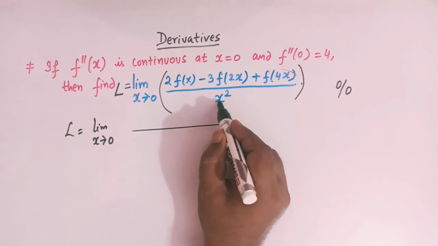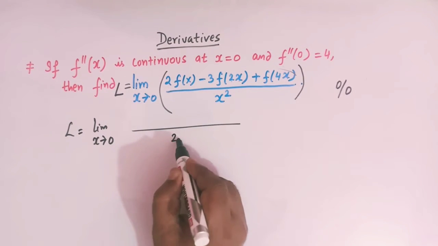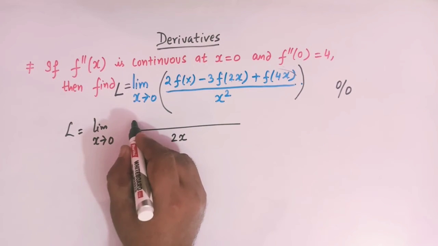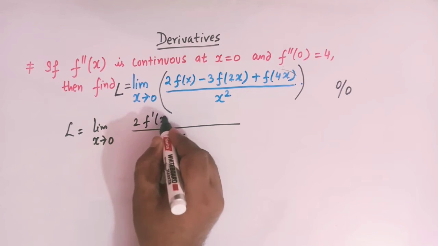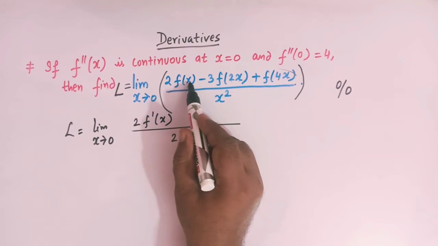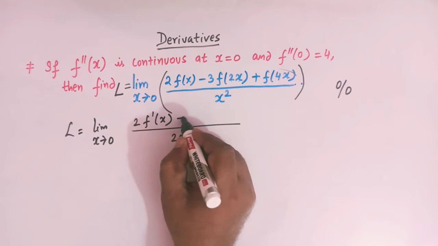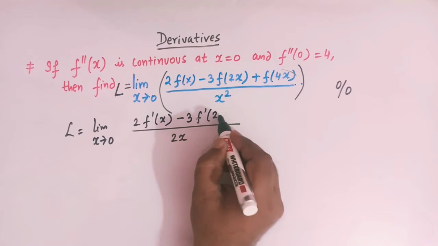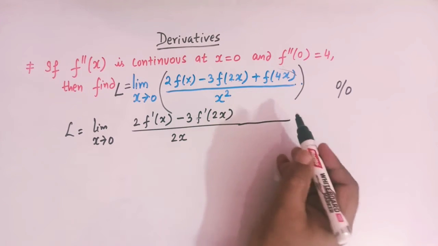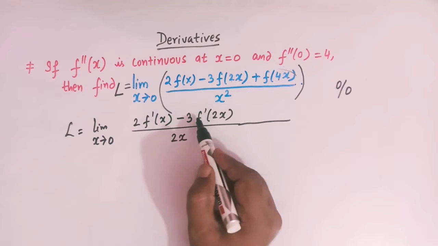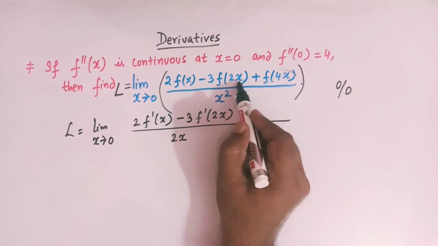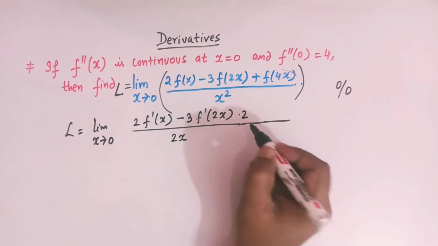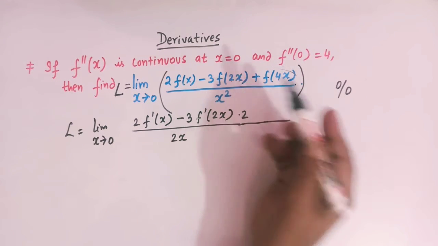In the denominator, the derivative of x square is simply 2x, and in the numerator we have 2 times f prime of x, because the derivative of f of x is f prime of x, minus, see here we have 3 times f prime of 2x, right? Because the derivative of f of 2x is f prime of 2x, and then by chain rule the derivative of 2x is 2, right? Because the derivative of x is 1.